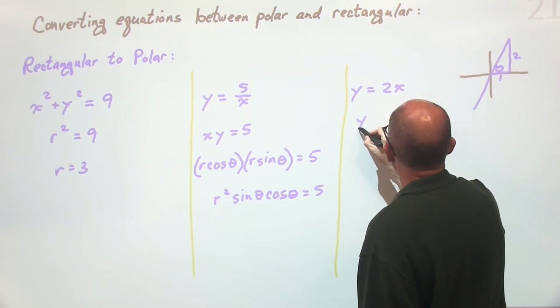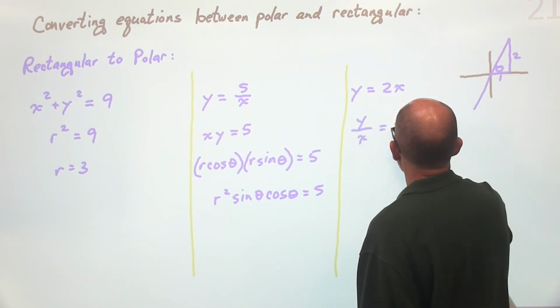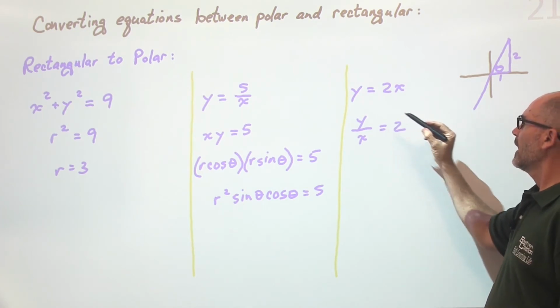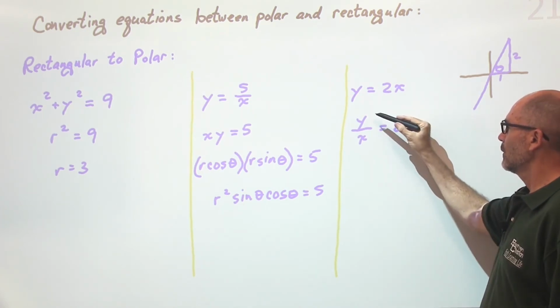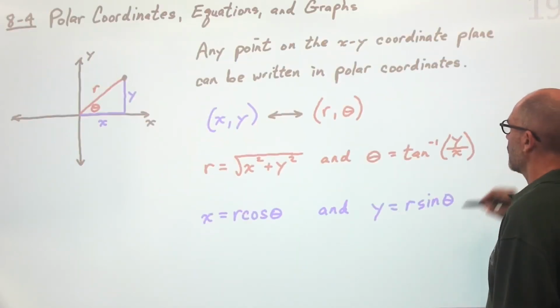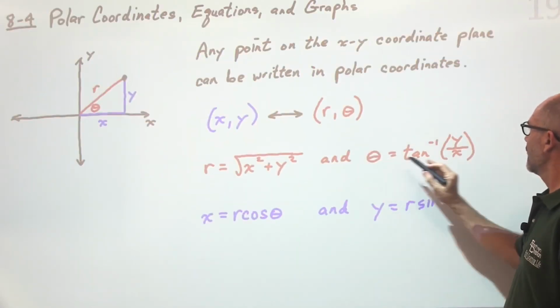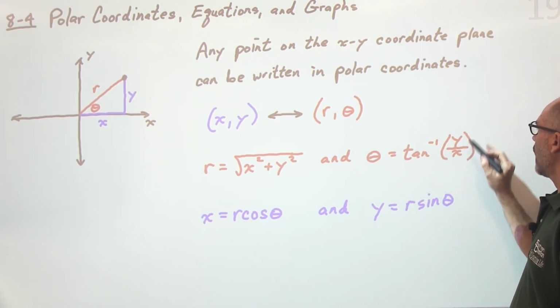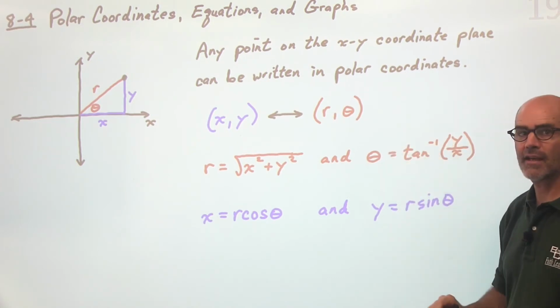So let's just go y over x equals 2. All right, now, tangent theta is y over x. Because remember, theta is inverse tangent of y over x. That means y over x equals tangent theta.